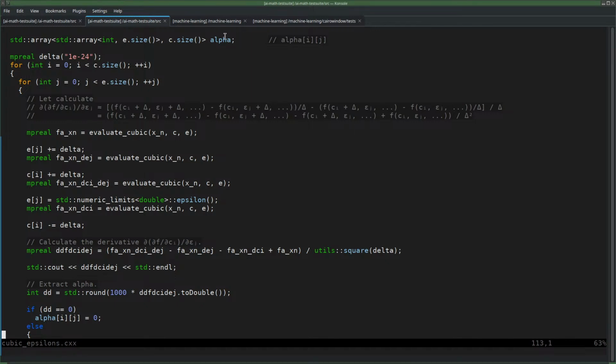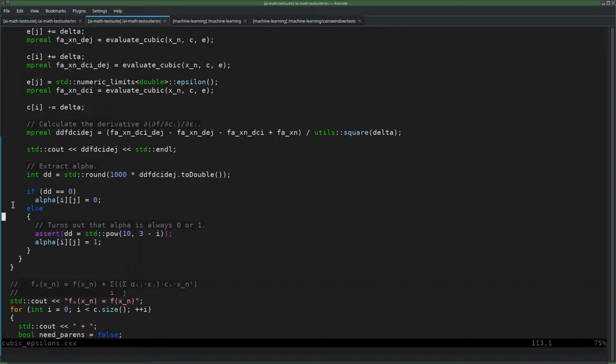So yeah, the alpha is on the stack, not initialized. So it just contains random stuff. And the change I made is that if dd equals 0, I set it to 0.